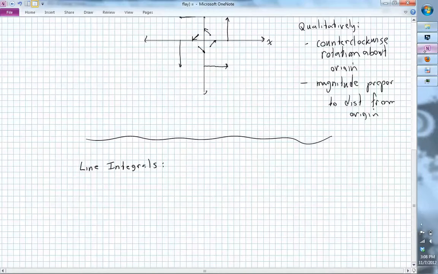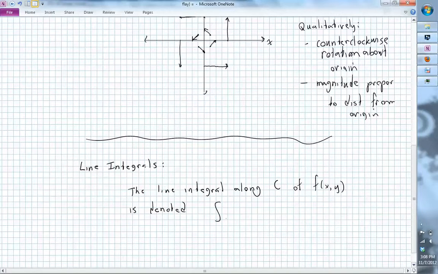Let's go back here and formalize it. So the line integral along C of f of xy is denoted this way.